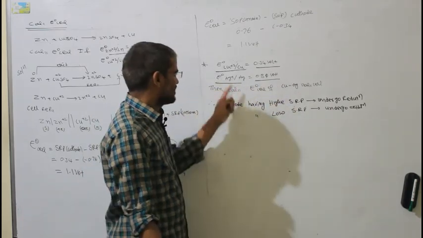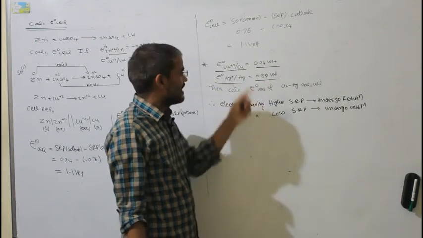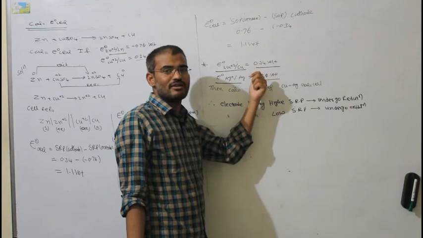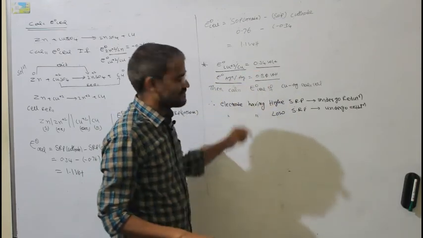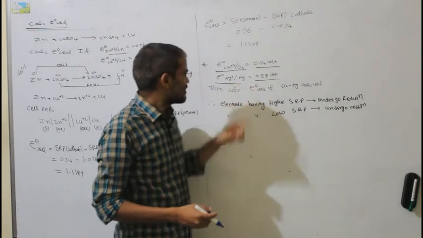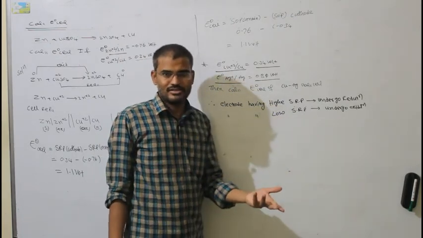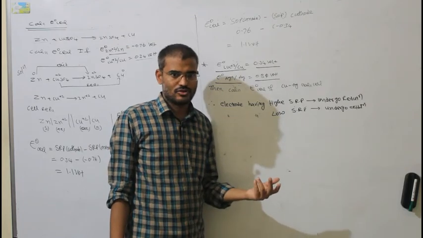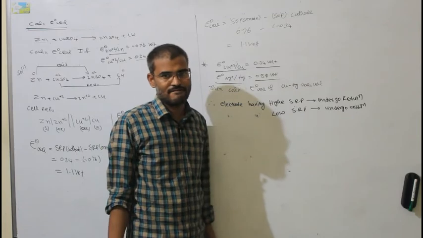Silver is higher, so silver will undergo reduction. Copper is lower than silver, so the lower one will undergo oxidation. Otherwise, you can do it based on reactivity also. Among copper and silver, which is more reactive? Silver is less reactive, copper is more reactive. The more reactive one undergoes oxidation, so copper will undergo oxidation.